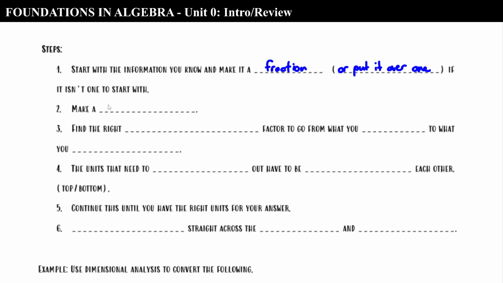Then we're going to make a multiplication problem, so you'll put down a times sign. Then we're going to find the right conversion factor and go from what you know to what you want to know.